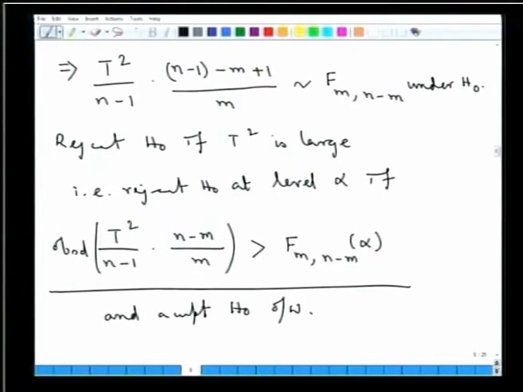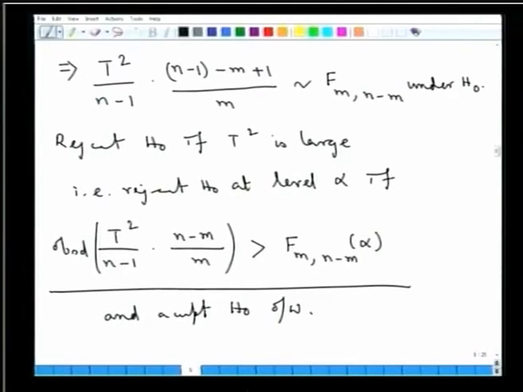Now this Hotelling's T square distribution, I said to start with, is the multivariate generalization of the univariate student's t distribution, and hence we will see shortly how this is generalizing. Note that if m is equal to 1, then we basically have a univariate distribution, because the dimensionality of the underlying multivariate distribution was m.